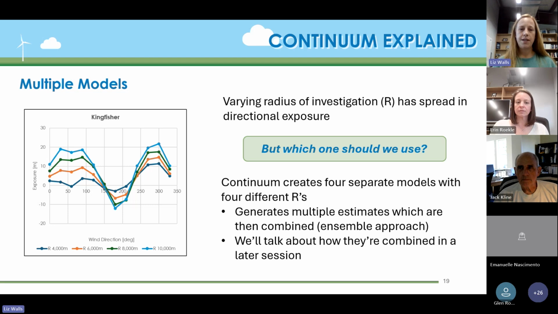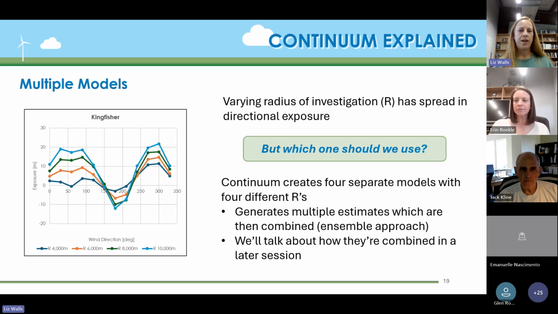So what we do in Continuum is there are actually 4 separate individual wind flow models that are created. And they each use 4 different radii. Specifically, they use these 4,000, 6,000, 8,000, and 10,000 meters. One of the ideas was, again, we wanted it to be a universal model that was applied consistently. And also, this approach generates multiple estimates.